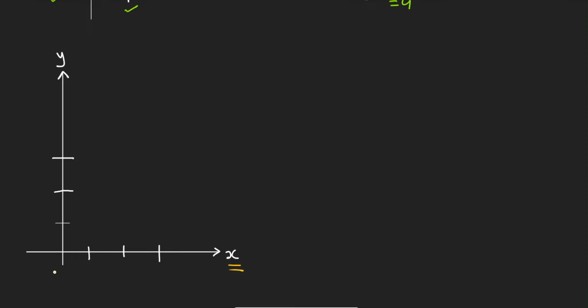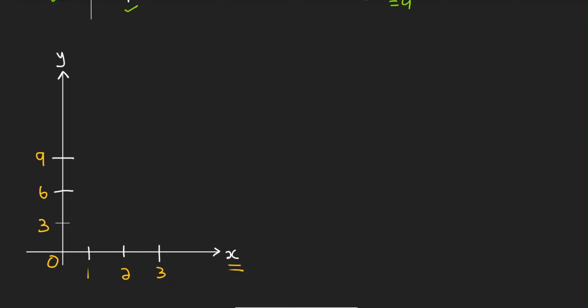So in this case, we have 1, 2 and 3. Of course, this is the origin. And the y-axis, or the vertical axis, always represents the dependent variable. So this is 3, 6 and 9.